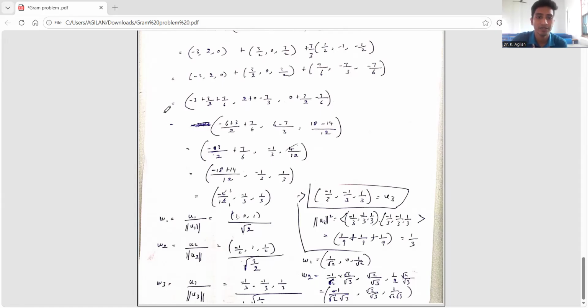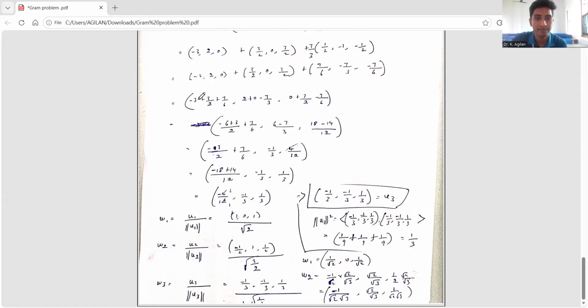Okay, these are simple operations only. So here, multiply by 3 by, the numerator should be 6, right? Yes, the numerator should be 6. So multiplying and operating this, we can get the values.